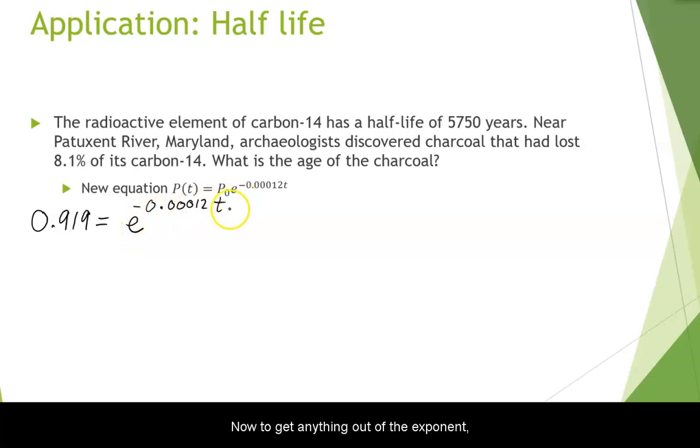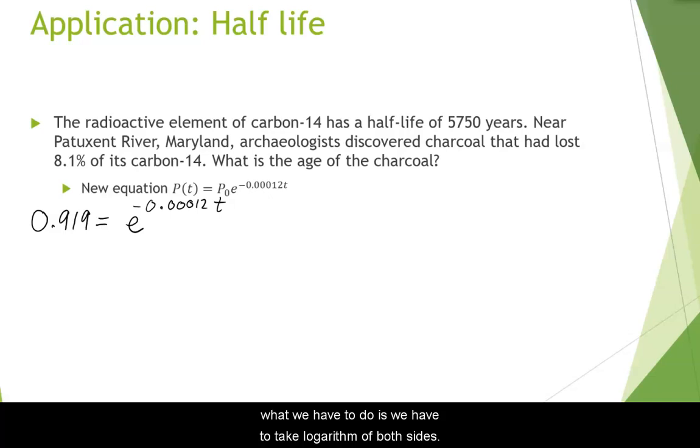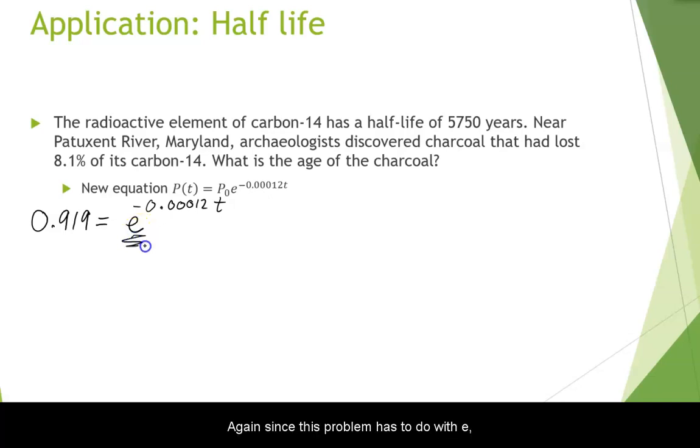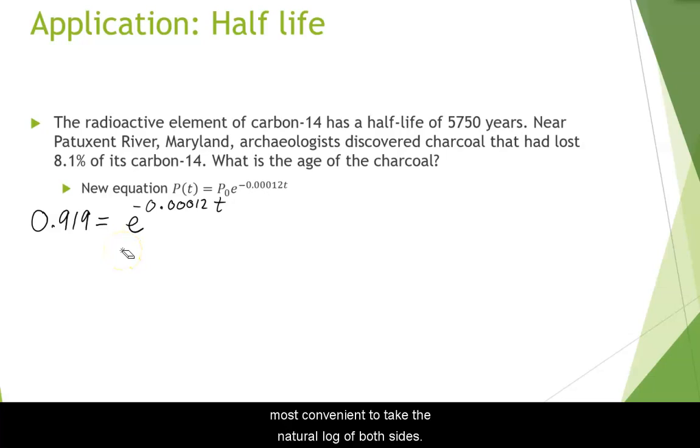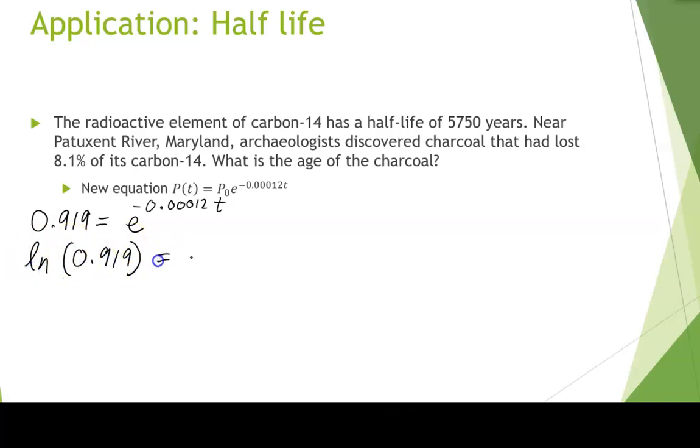Now, to get anything out of the exponent, we have to take the logarithm of both sides. Again, since this problem has to do with e, it's going to be most convenient to take the natural log of both sides. The natural log of 0.919 equals the natural log of e to the negative 0.00012t power.